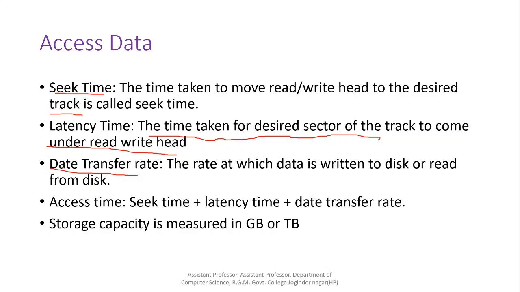Next we have access time. Access time is the sum of seek time, latency time, and data transfer time. The storage capacity of magnetic disks is measured in GB or TB.